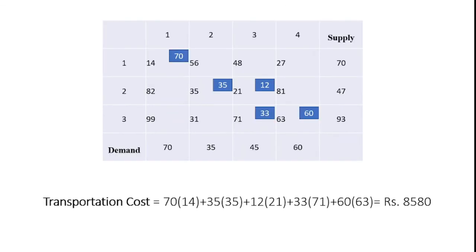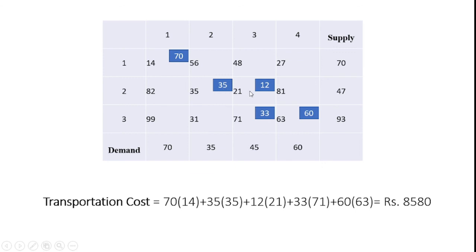After allotting all the resources into the respective cells, I can calculate the transportation cost. According to the movement, I can reproduce the table with the allotted demand and supply. Cell 14 has 70, so 70 into 14, plus in the second row, second column, 35 is the allotted resource and the transportation cost is 35, so 35 into 35.